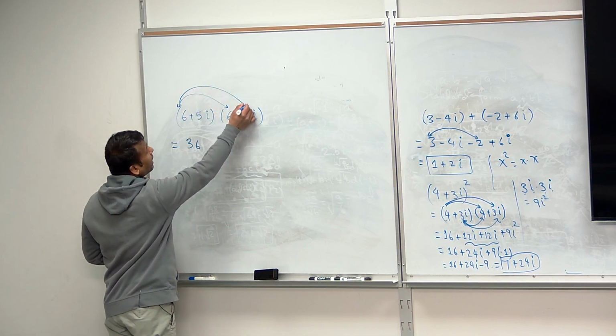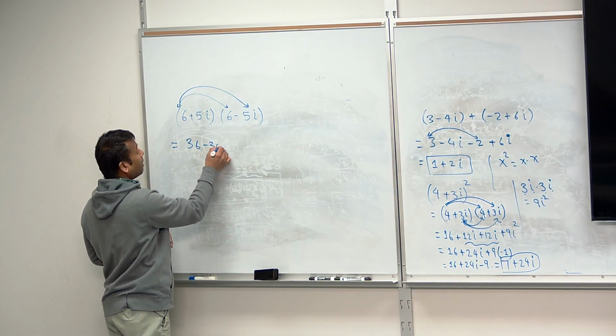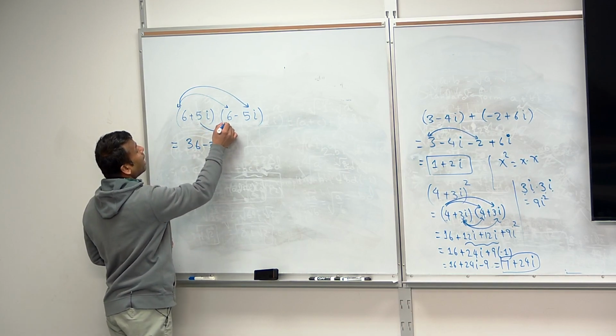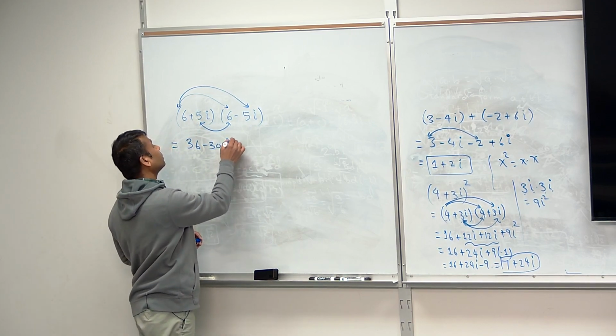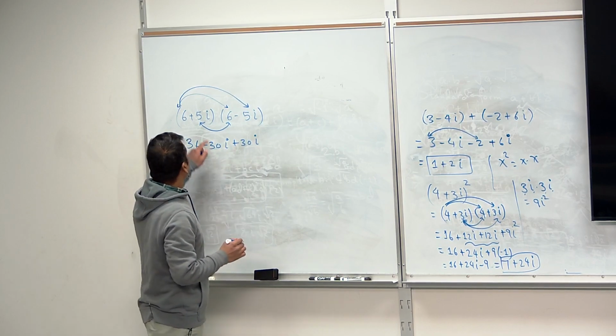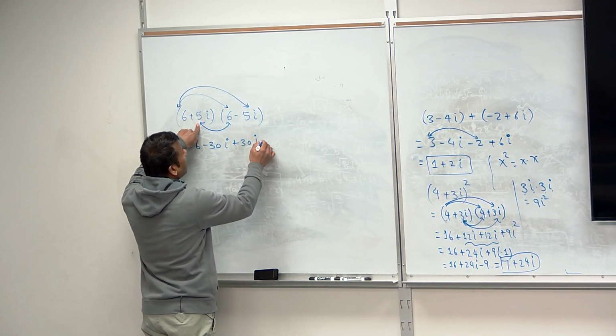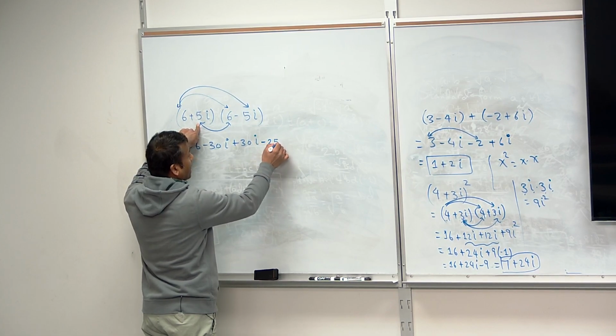What is 6 times -5i? -30i, good. What is 5i times 6? Positive 30i. Are you guys with me? Yes? So what is positive 5i times -5i? Negative 25i squared. Yes, excellent.